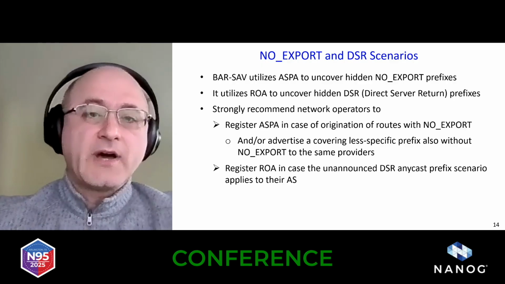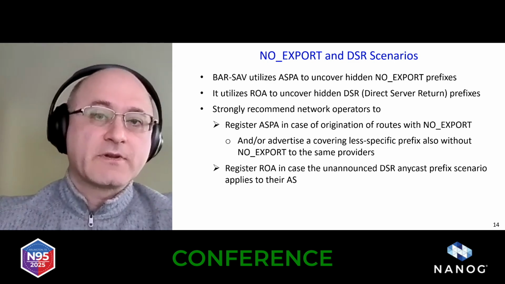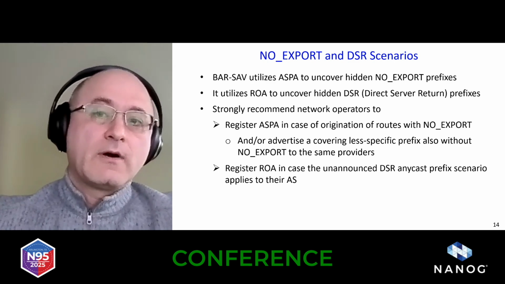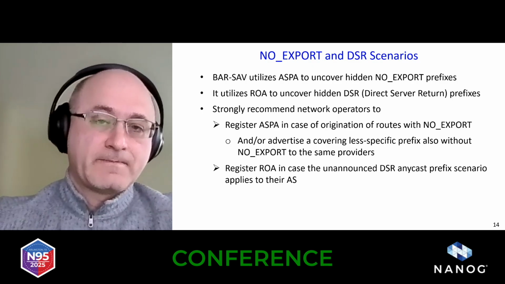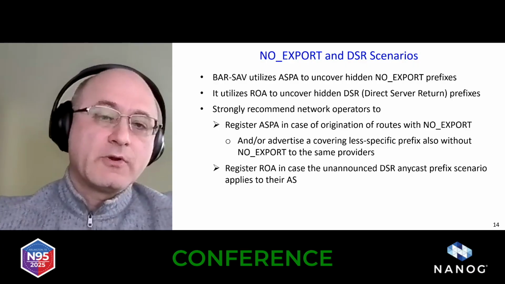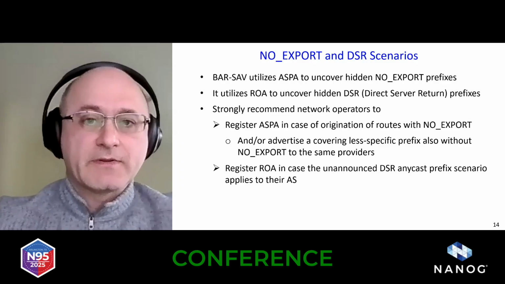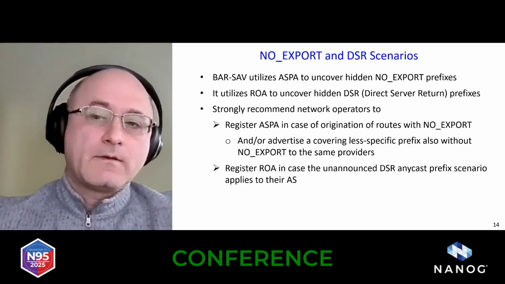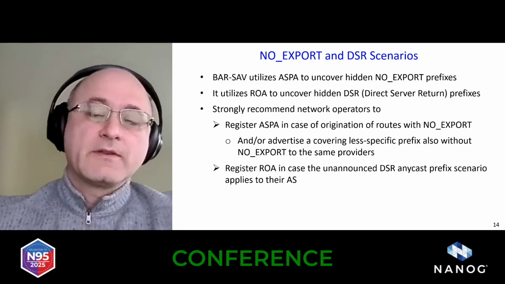And if you're using DSR, you just list those prefixes, anycast prefixes for example, in a ROA associated with the autonomous systems from which you will actually originate these packets. The alternative, of course, is also to advertise less specific prefixes. But anyway, using ASPA and ROA is a good thing.